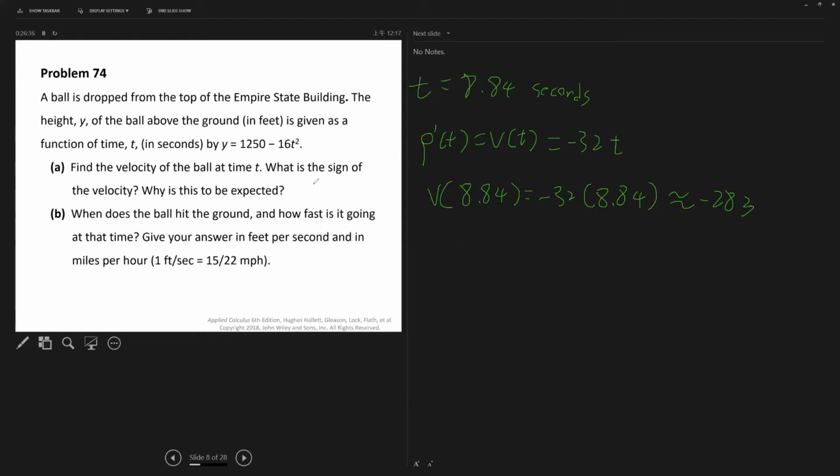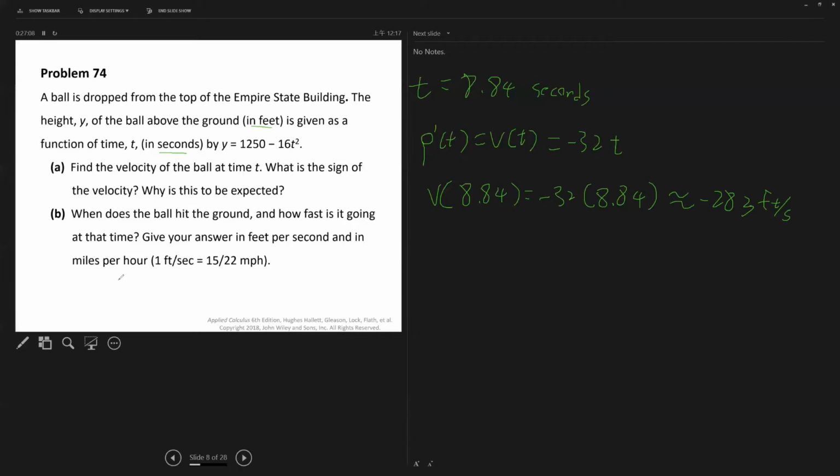This is in feet per second, the original unit we were given. So when the ball hits the ground, it's traveling downwards at negative 283 feet per second. Of course, this does not include air friction or any other force stopping the ball from falling too fast.